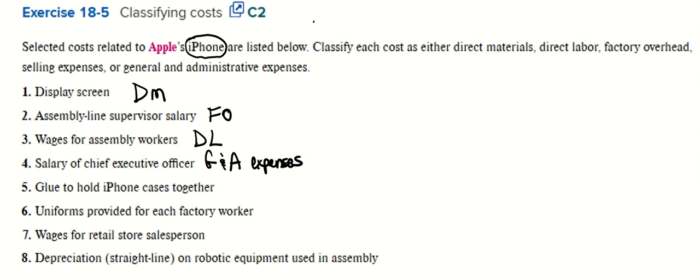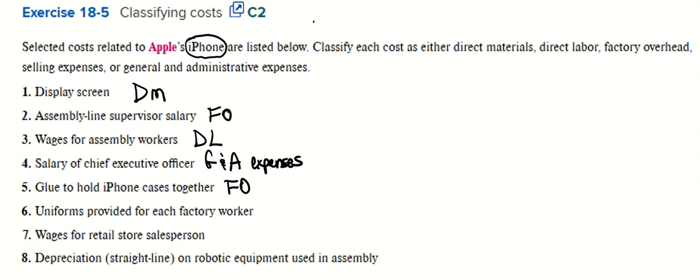Number five, glue to hold iPhone cases together. That's going to be factory overhead, so FO. The glue is like an accessory that is needed, so it's an indirect cost. It's an accessory needed to keep the iPhone case together, which means it's not going to be classified as direct material, because you don't necessarily classify glue as direct materials to produce the iPhone, if that makes sense.